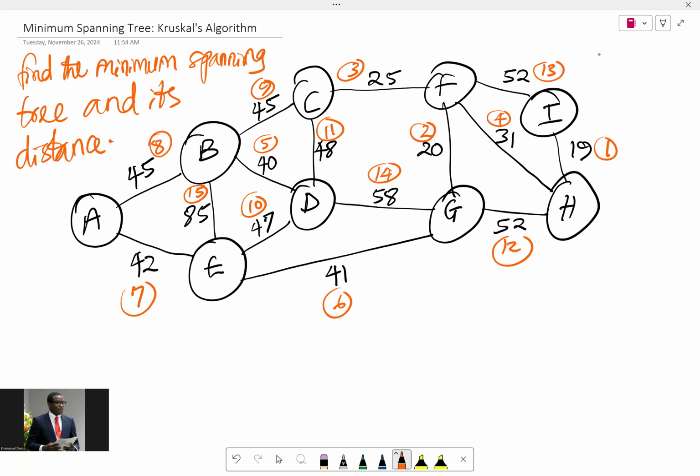So we have ranked all the 15 edges in increasing order of the value of the distance.